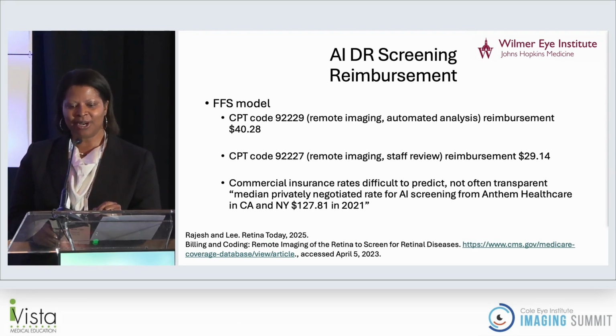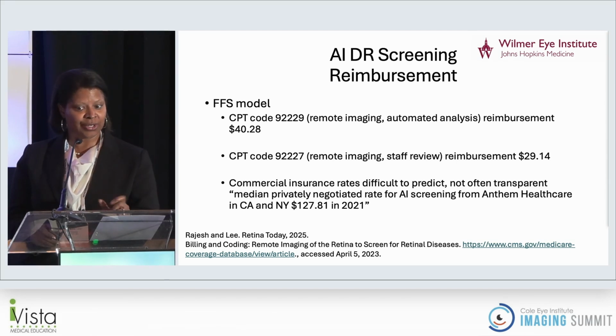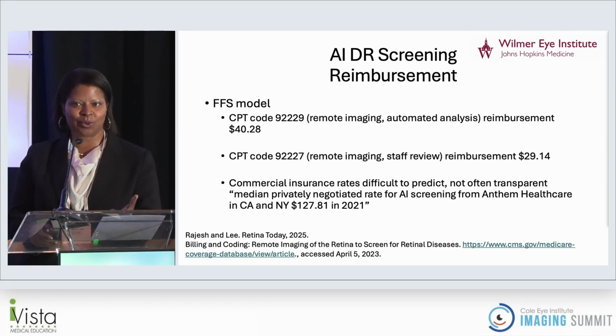So there are different models. Let's talk about the fee-for-service model. As I mentioned, there's a CPT code, 92229, remote imaging with automated analysis, which reimburses about $40. However, if you're going to do the imaging yourself, CPT code 92227, remote imaging with staff review, the reimbursement is $29.